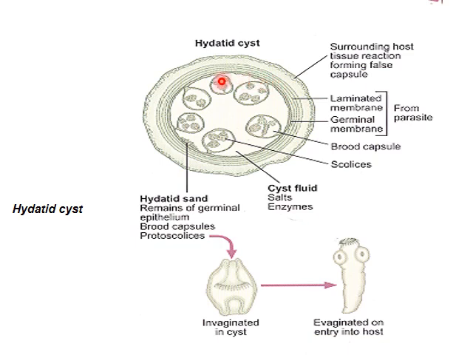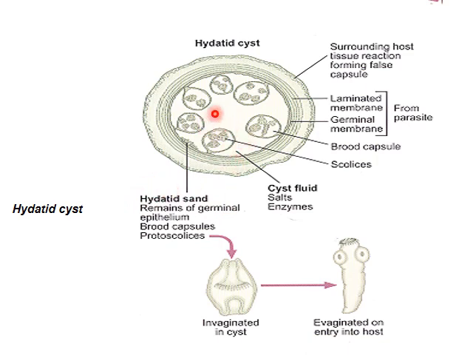The innermost layer, that is the germinal membrane or the endocyst, gives rise to brood capsules, and there are many protoscolices present inside the brood capsules. Some of these brood capsules and the protoscolices can break off and get deposited at the bottom of the hydatid cyst and form hydatid sand.